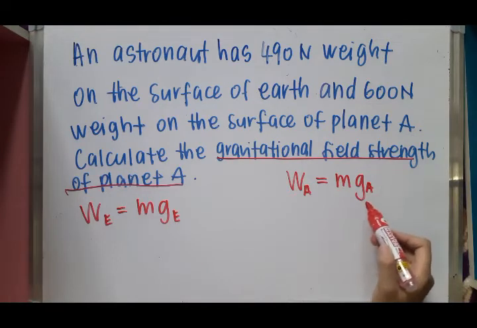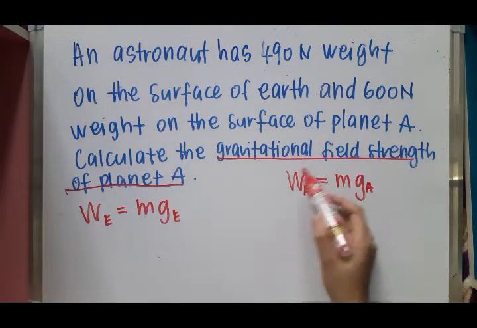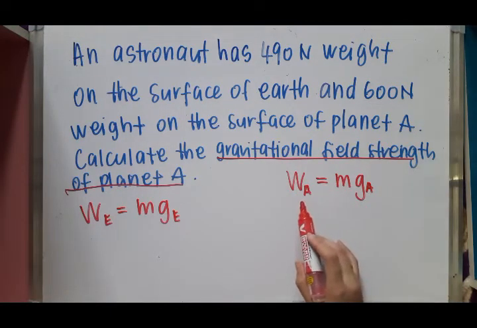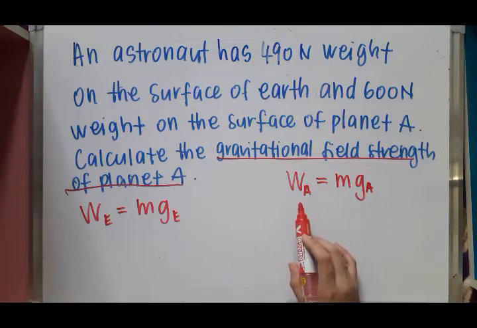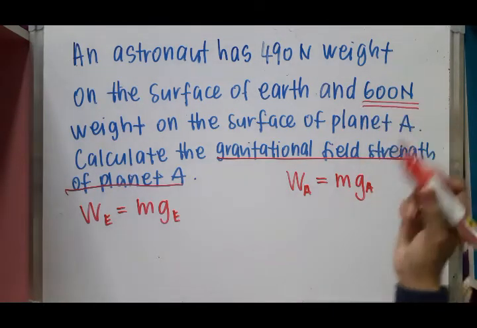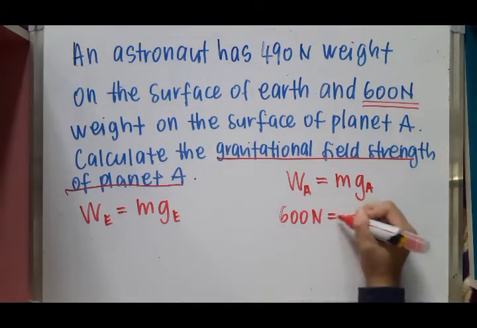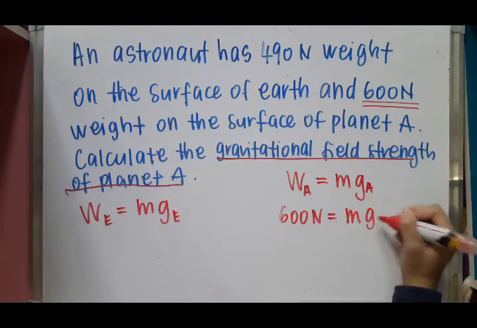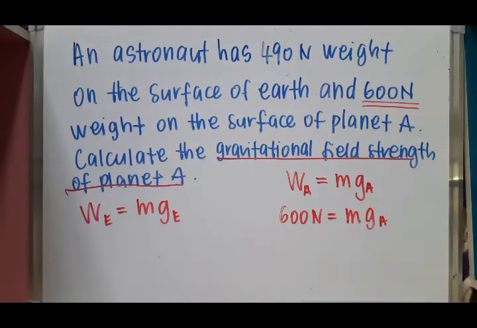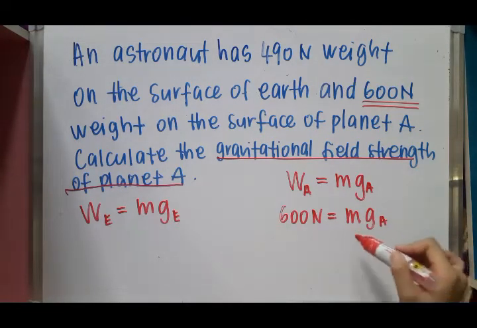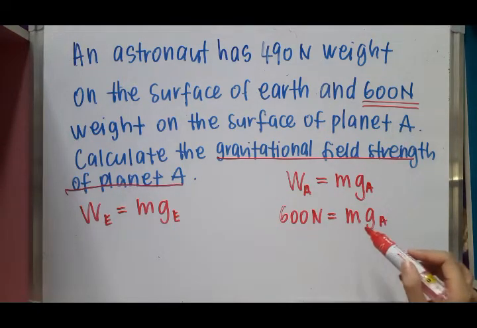How to calculate the mass? We need to use this formula, right? So we already have the WA, weight of the object on planet A, which is 600 Newton, equal to mass times GA. But we do not have the value of the mass, so we need to find the mass first. So how?